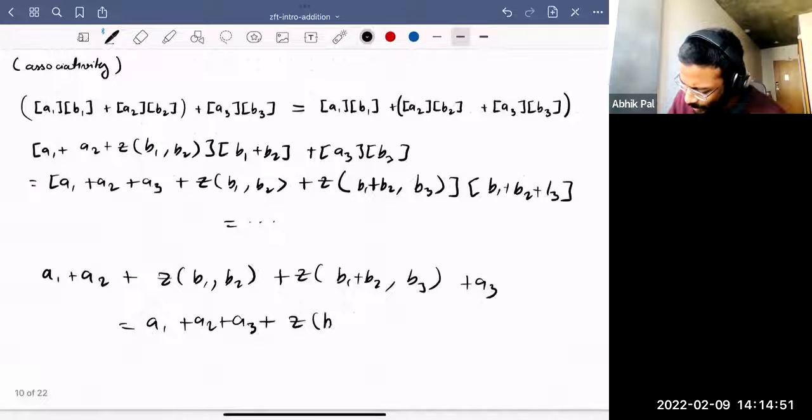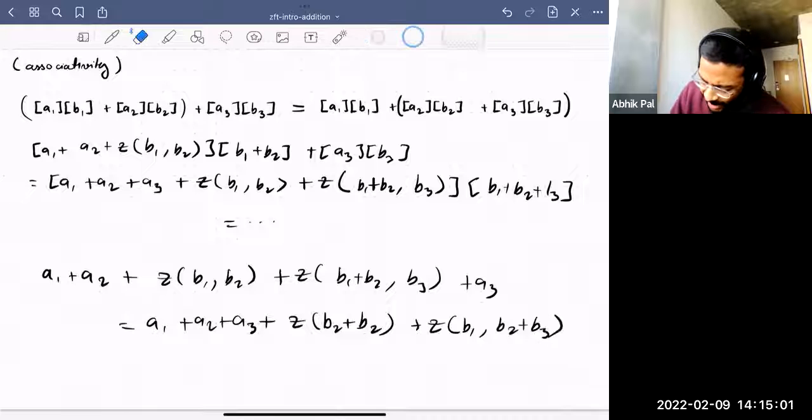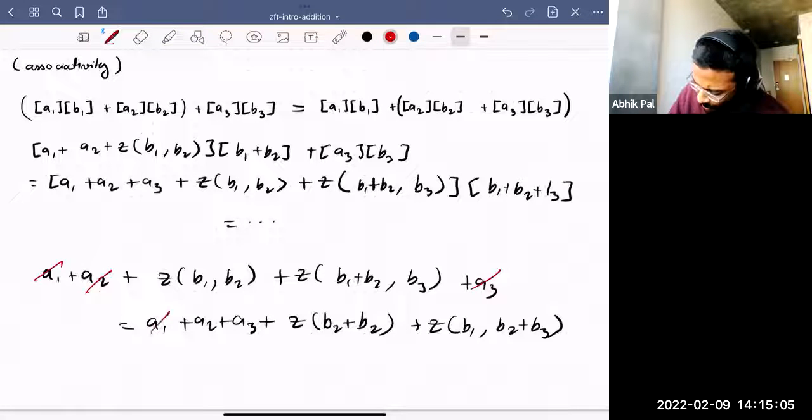So I would have the carry coming from adding B2 and B3, and then the carry coming from adding B1 to B2 plus B3. And here I can cancel these A's out because for now I don't care about them.